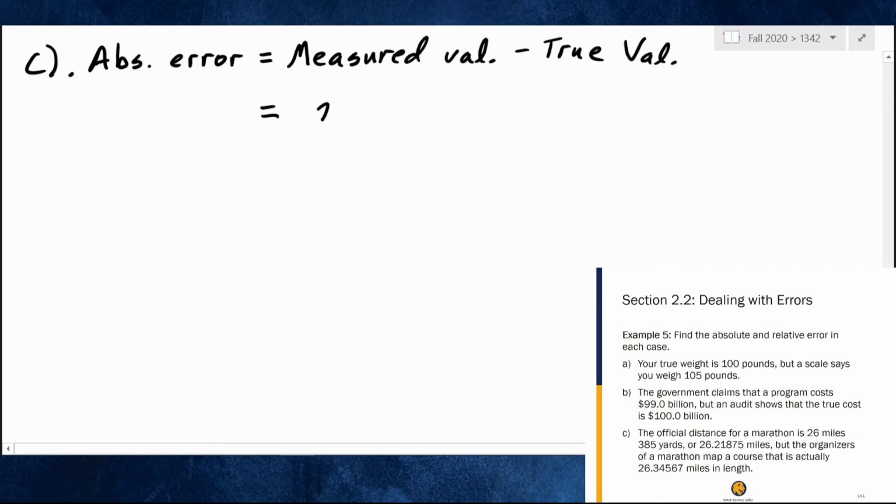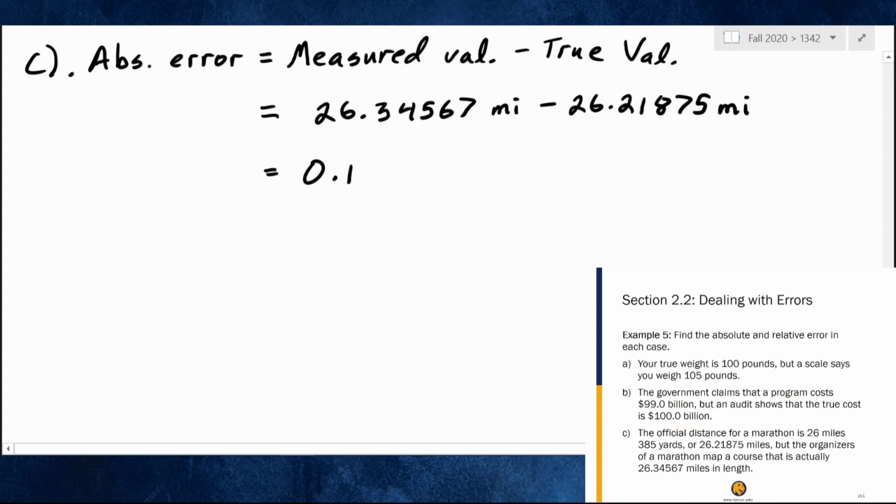So in this case, that would be 26.34567 miles minus 26.21875 miles. So when we subtract those numbers, we get 0.12692 miles. That's the absolute error here.